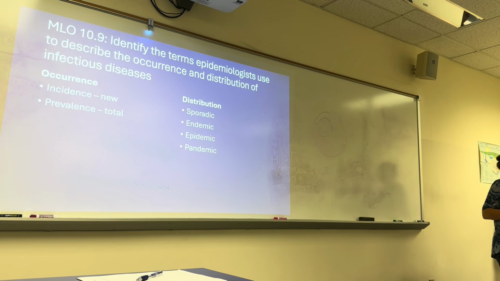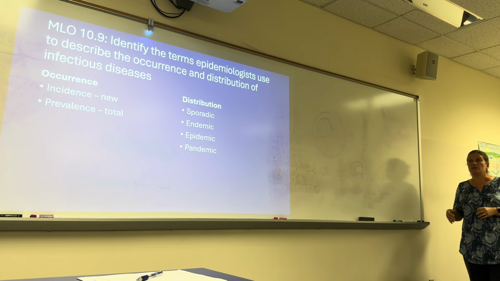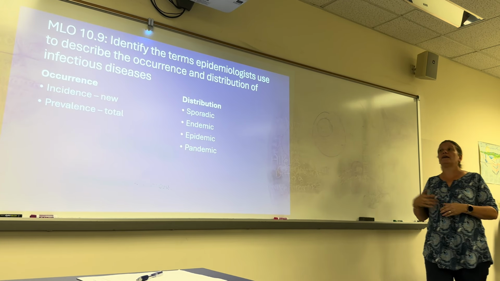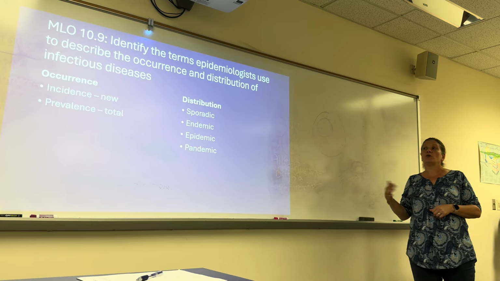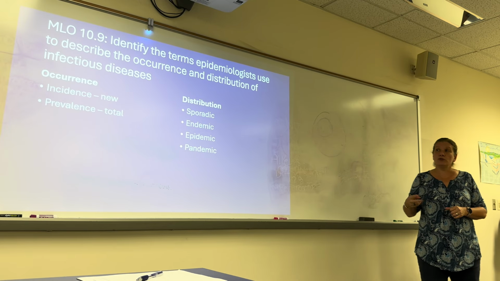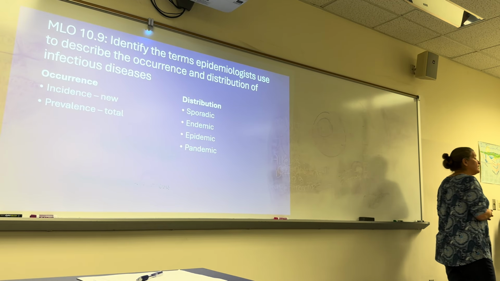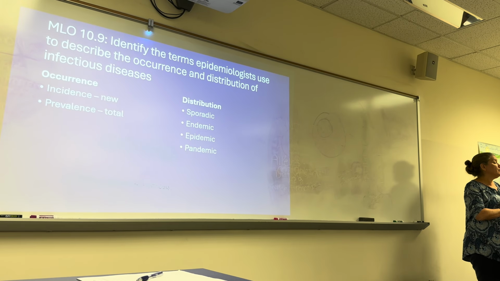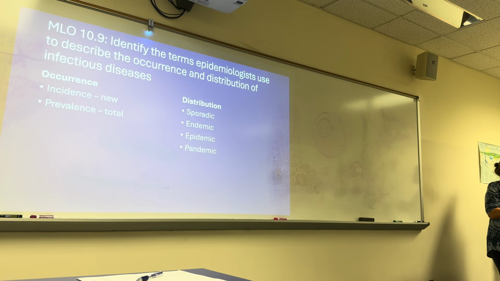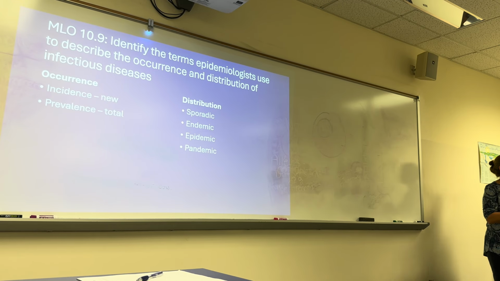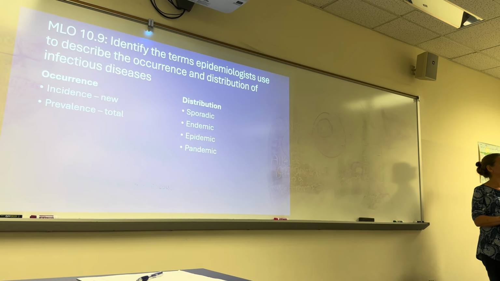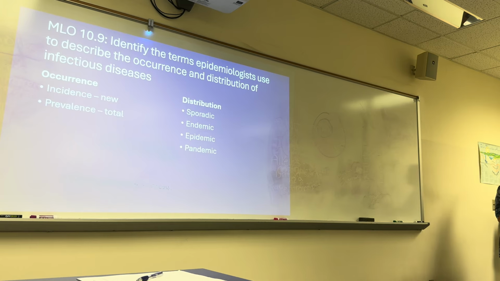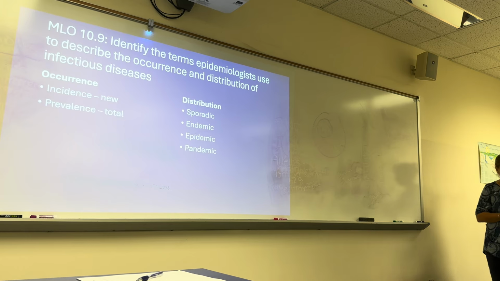Now, in epidemiology, we look at things in regards to occurrences and distribution. For occurrence there are two terms: incidence and prevalence. Prevalence is the number or proportion of individuals with a particular illness in a given population at any given point in time.